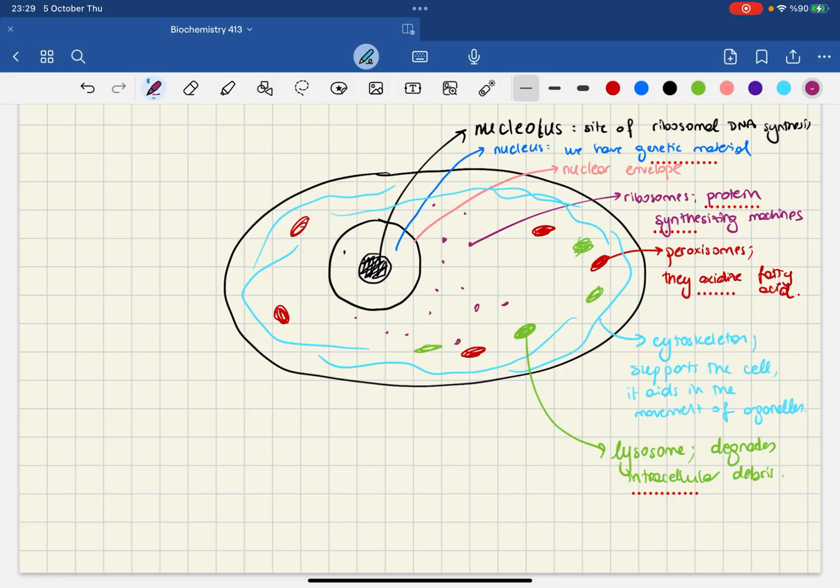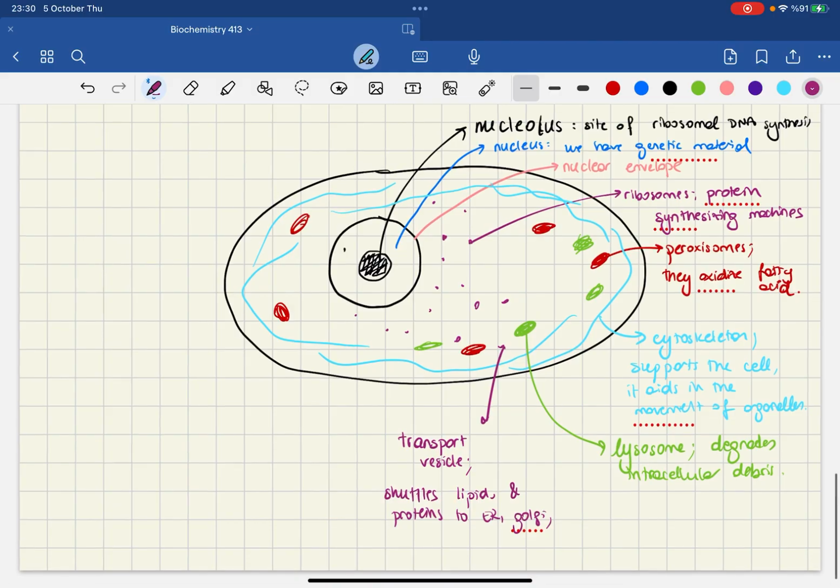These are just small organelles, and these are called transport vesicles. They shuttle lipids and proteins between the endoplasmic reticulum, Golgi, and plasma membrane.